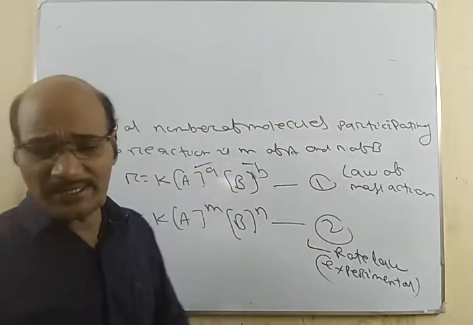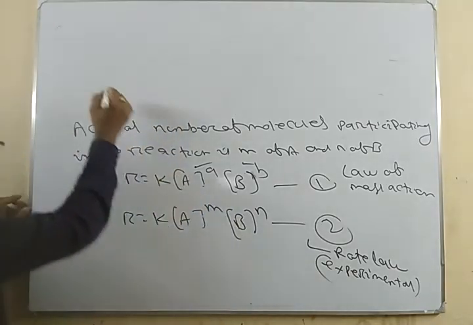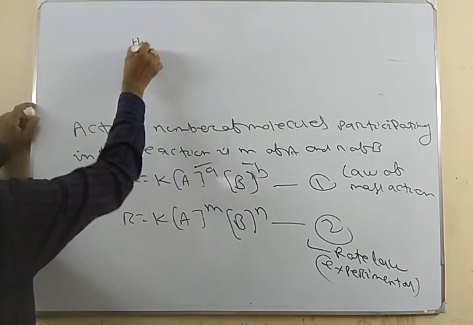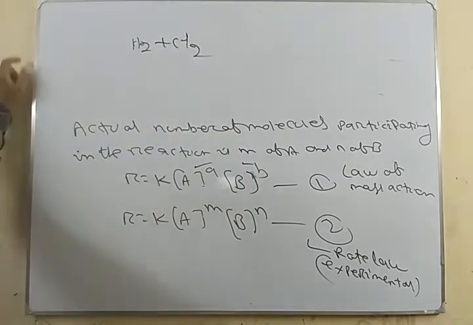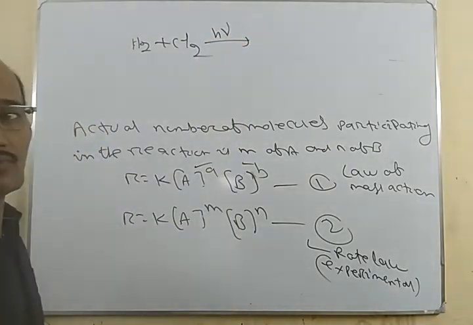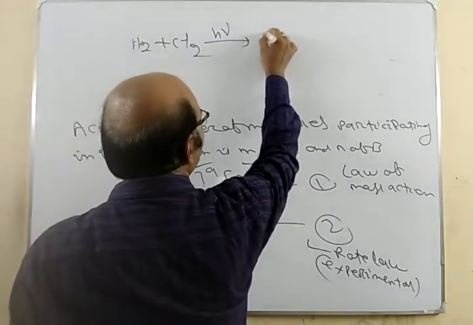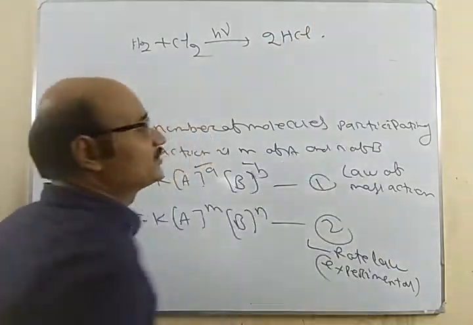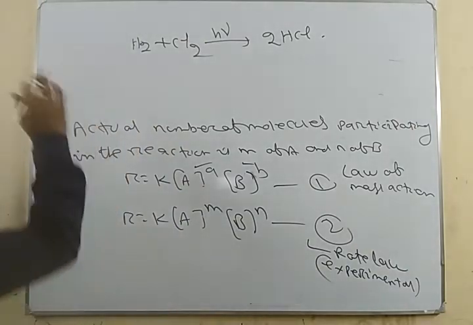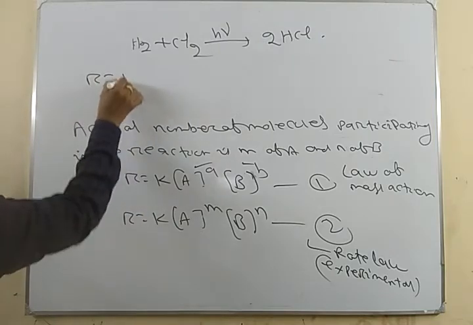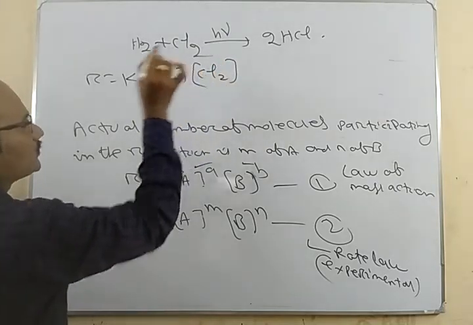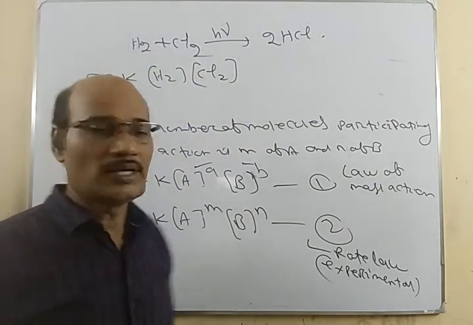for example, if I take a reaction like H2 + Cl2 giving 2 HCl. Okay, here I can write R is equal to K [H2][Cl2], H2 and Cl2.